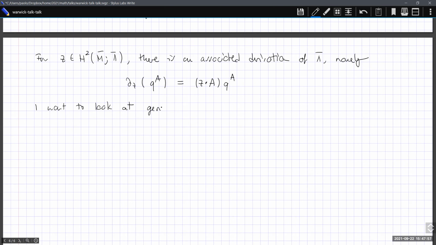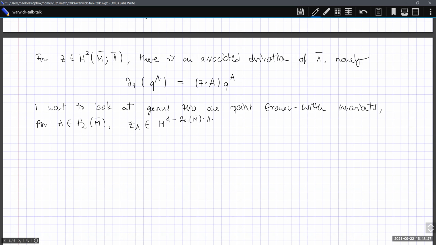At genus 0, 1-point Gromov-Witten invariants: for A in H2 of M bar, this gives me a cohomology class, which is the cycles spanned by these rational curves, of degree 4 minus 2 c1 of M bar dot A. It's maybe rational, but let's say complex.